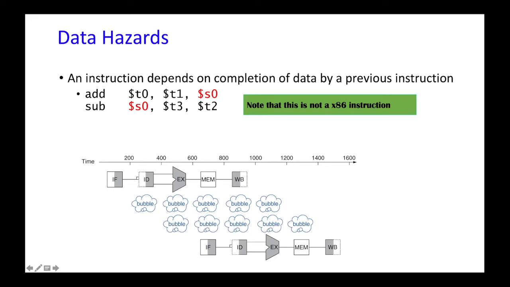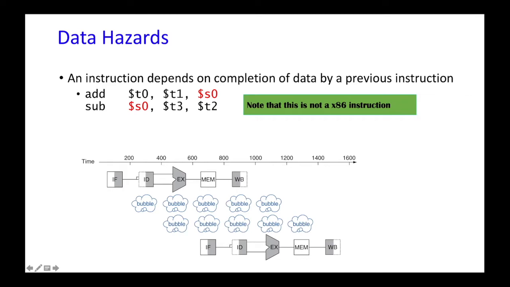Let's talk about the next hazard, the data hazard. This hazard occurs because of data dependencies between instructions. Let's use an example to understand. The first instruction, add, adds two registers T0 and T1 and puts the result in S0.